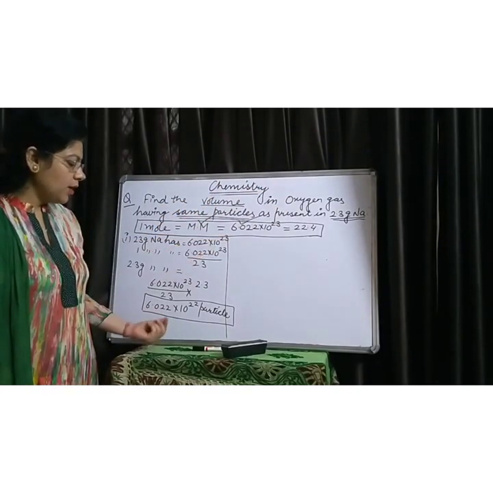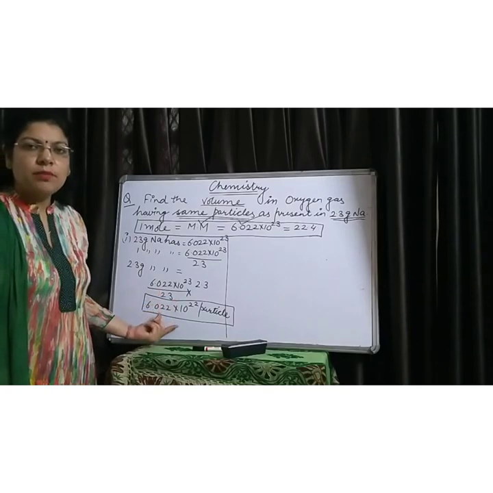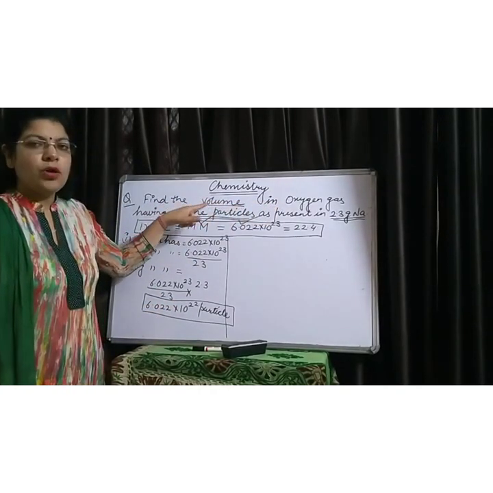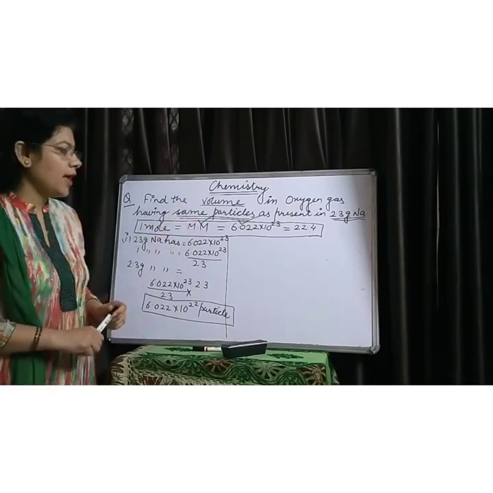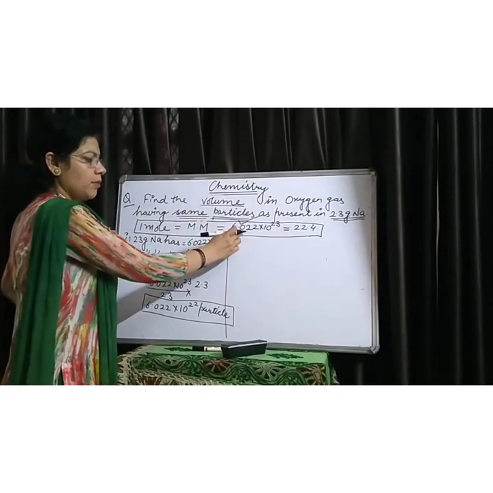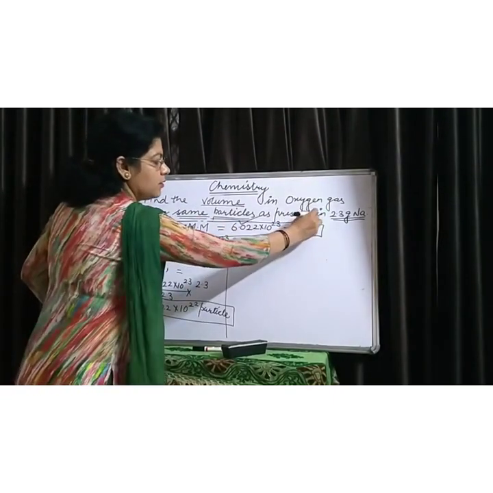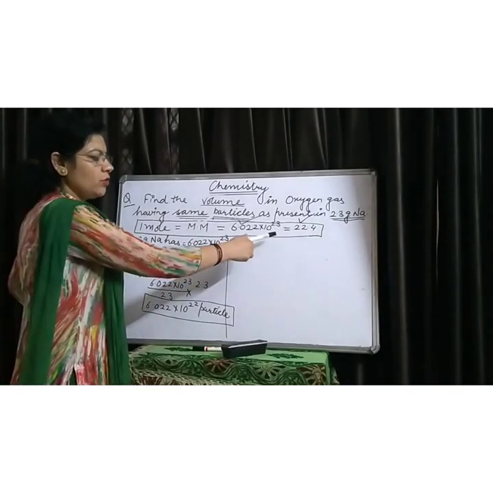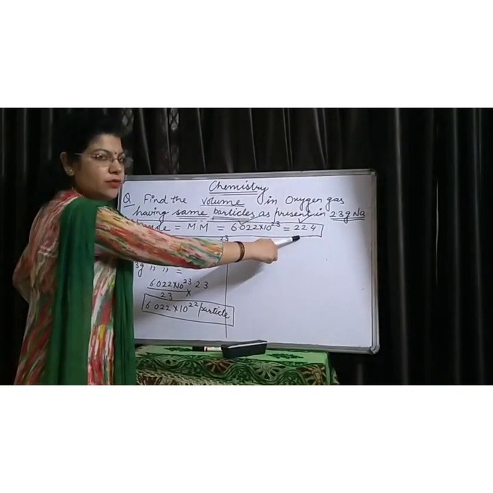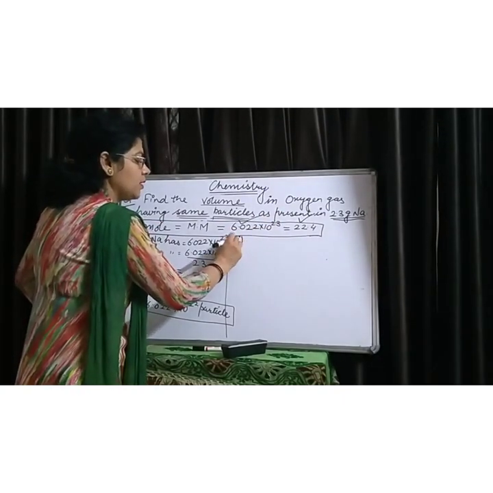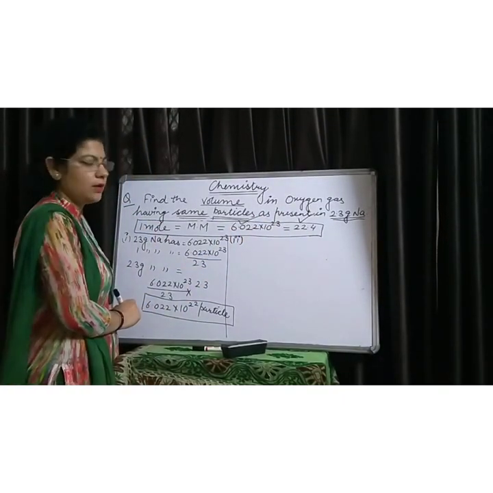So in the second part, we use these number of particles to calculate the volume of oxygen gas. We use number of particles and volume, so put volume on the right hand side and number of particles on the left hand side.